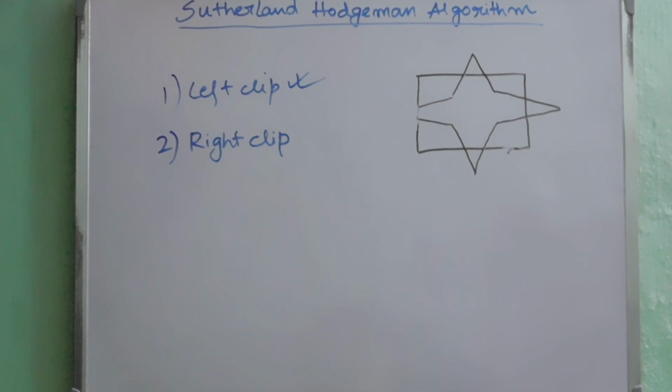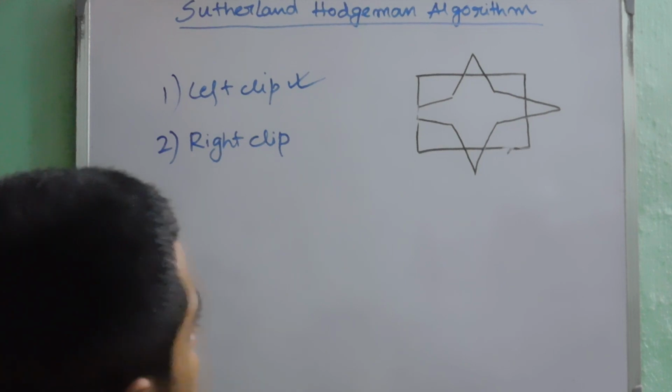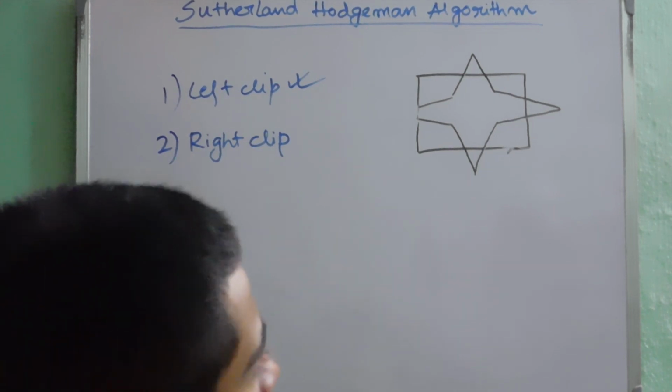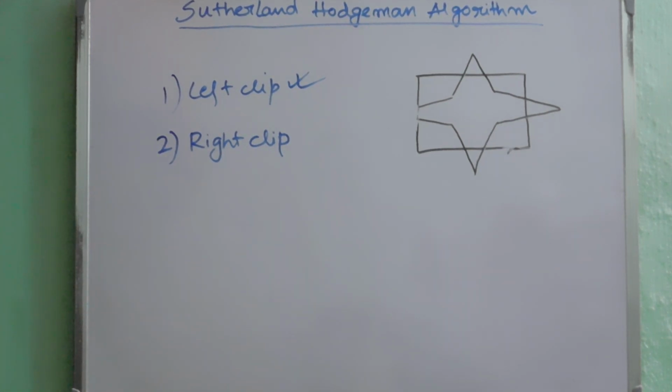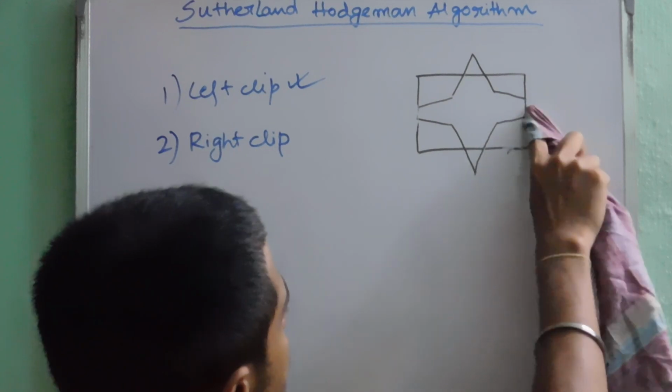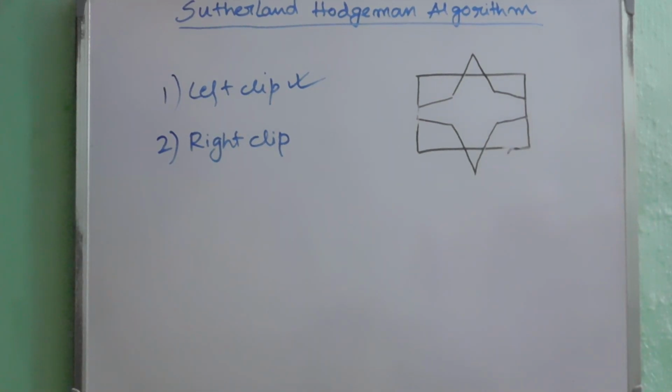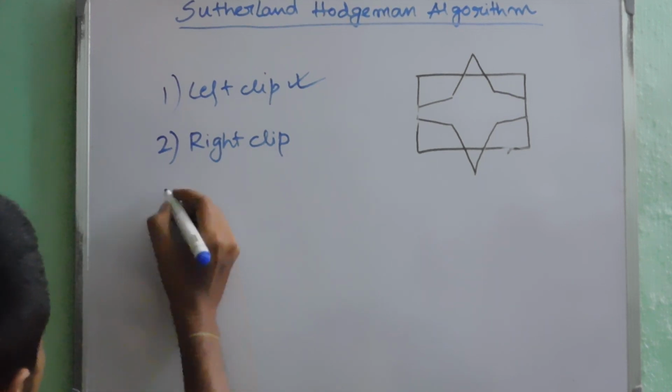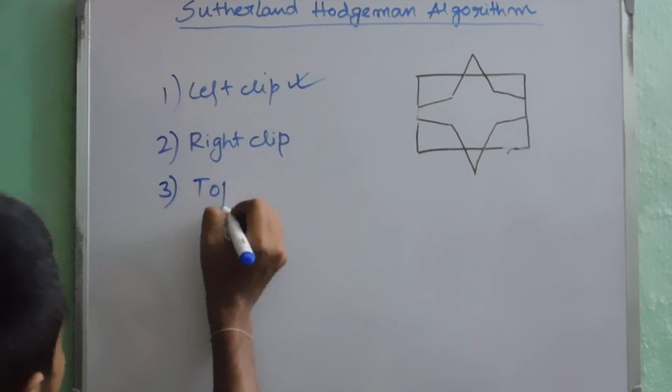Now right clip is nothing but removal or rejection of the portion of the polygon that is outside the right boundary of the window. So this is called right clip. Now the third step is top clip.